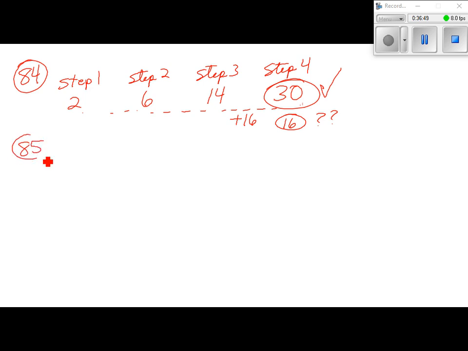85 says write as a conditional statement. Remember, a conditional statement is an if-then statement.